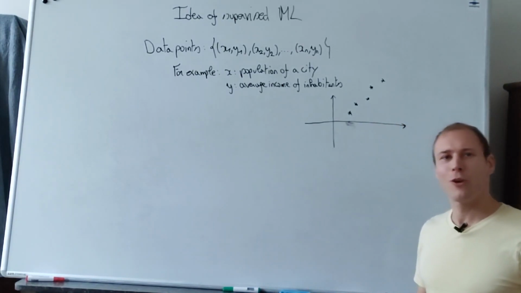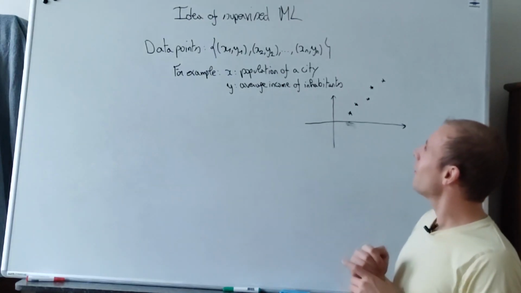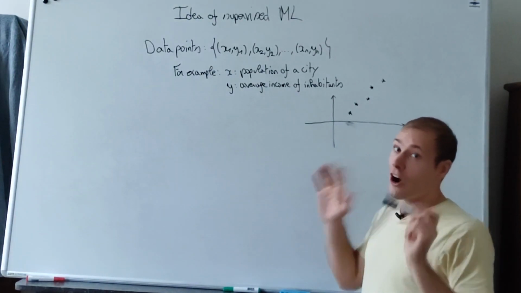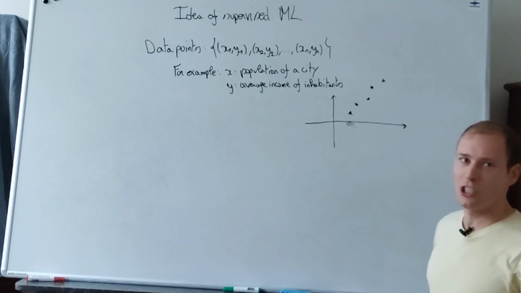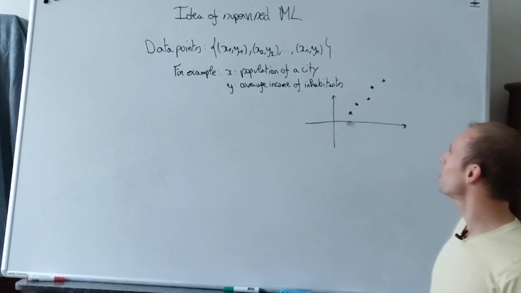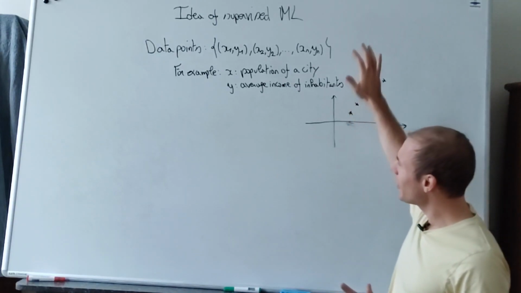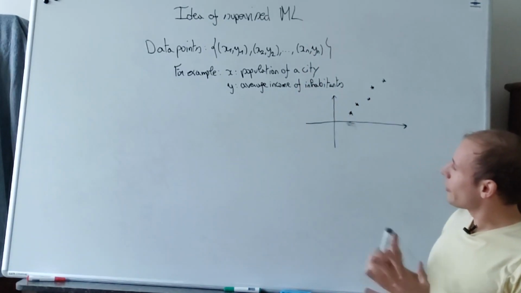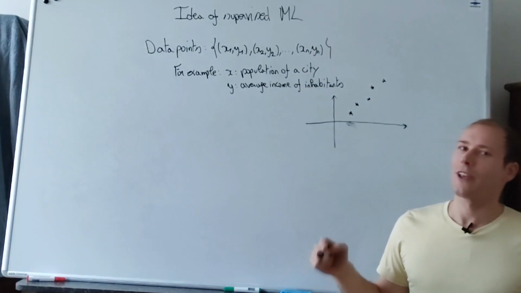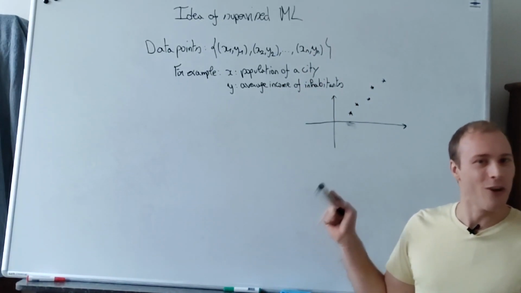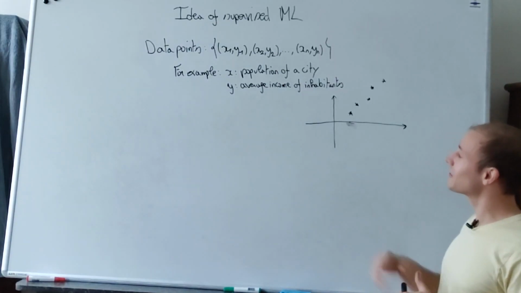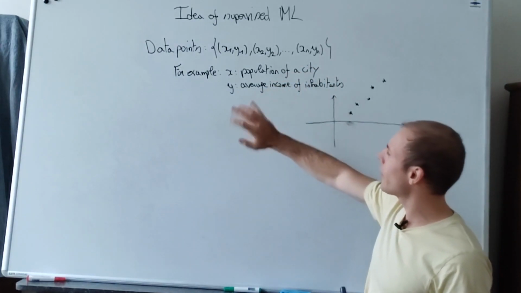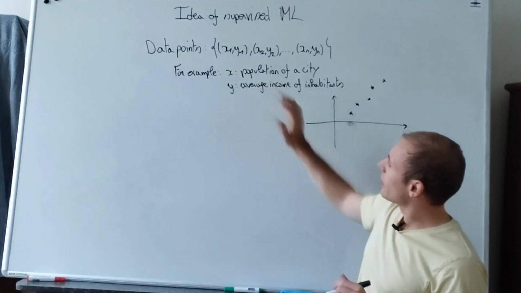And in this video we're gonna take a look at the idea of what we call supervised machine learning. The ML stands for machine learning, of course. We're gonna take a look at an example. Assume we have data points. Of course, AI, machine learning always has to do with data. So assume we have some data points, and what does our data consist of?